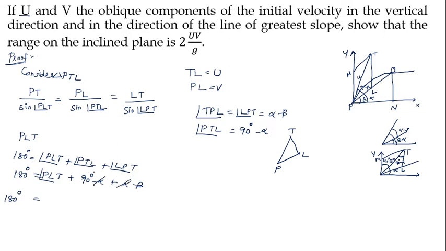This positive 90 degrees, when it goes to the other side, will be negative 90 degrees. And this minus beta, when it goes to the other side, will be plus beta, which is equal to angle PLT. So this will be 90 degrees plus beta. This is your angle PLT.